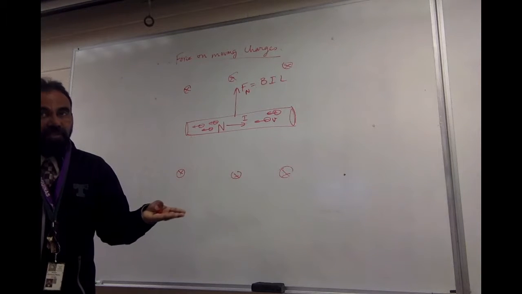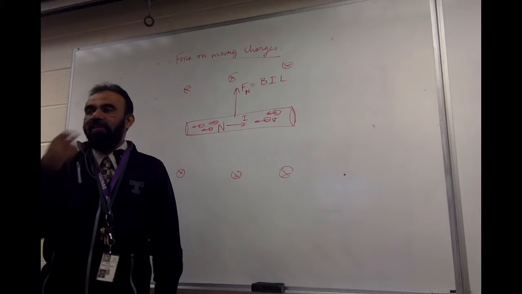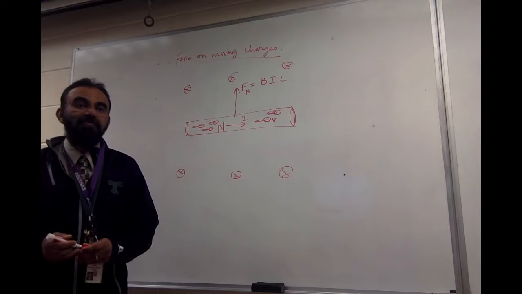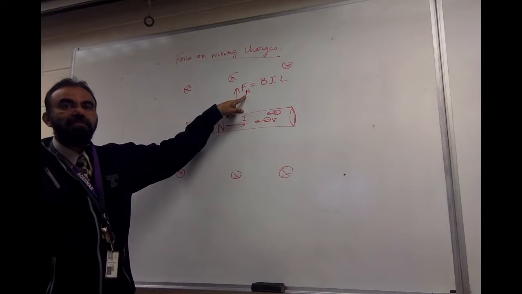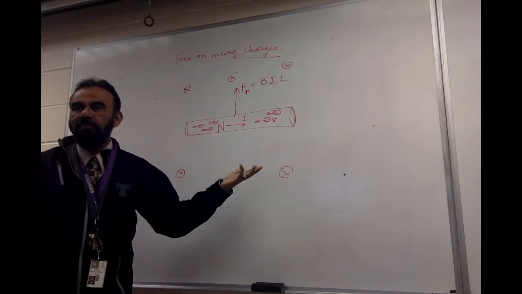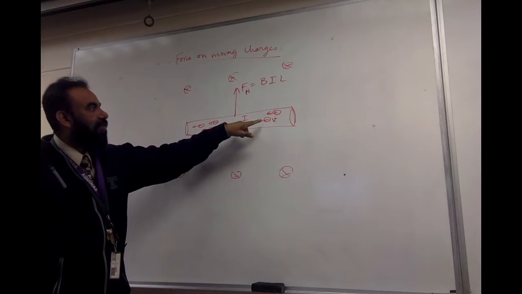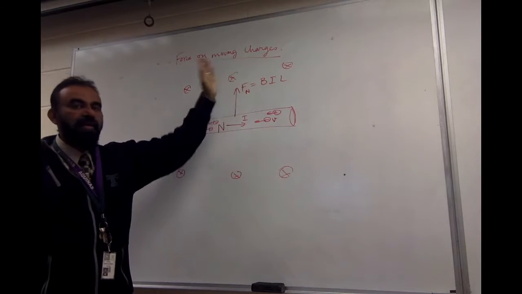Yes, it is a force on the conductor, but the conductor has N electrons, and it is the electrons which are actually creating all this force. The lesser the number of electrons here, the lesser the force. So this is the force on N electrons, BIL.